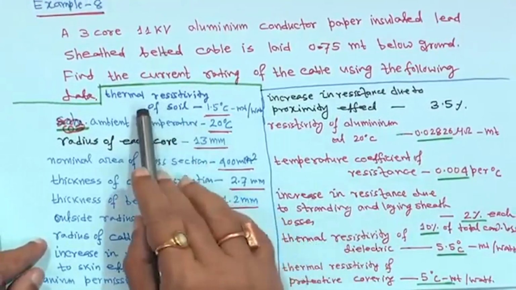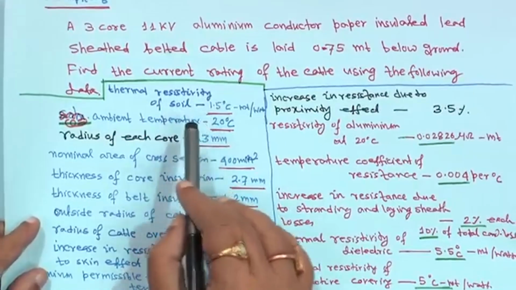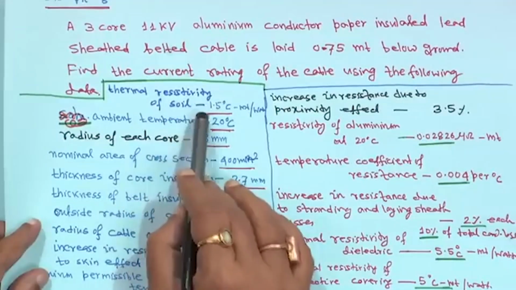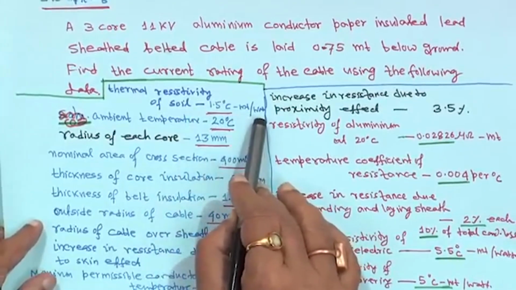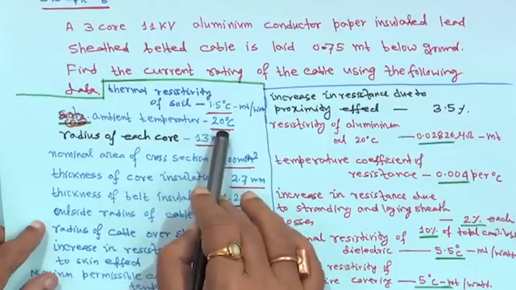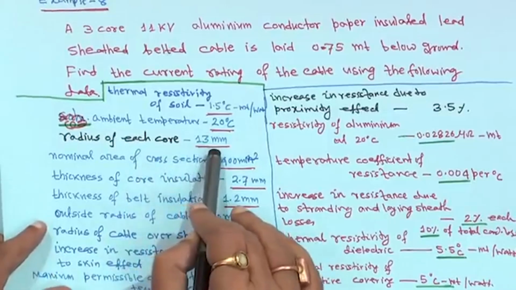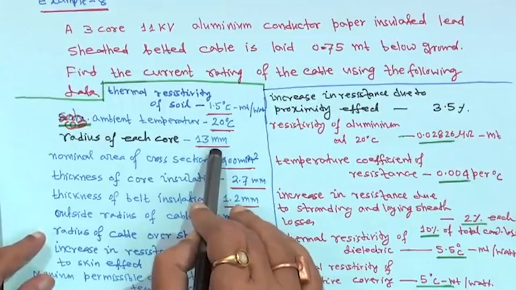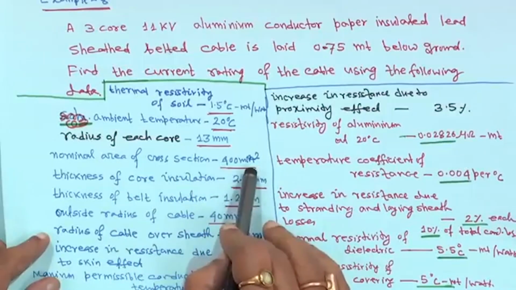For example, I am just uttering all these things one after another. Thermal resistivity of soil is given as 1.5 degree centigrade meter per watt. Then ambient temperature is 20 degrees Celsius. Radius of each core is given as 13 millimeter, that means 1.3 centimeter. Nominal area of cross section is 400 millimeter square.